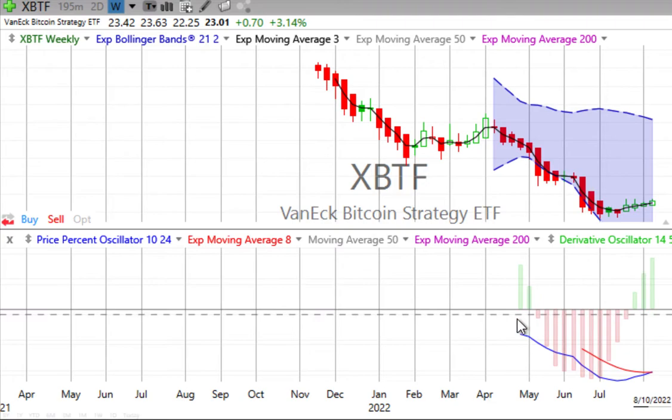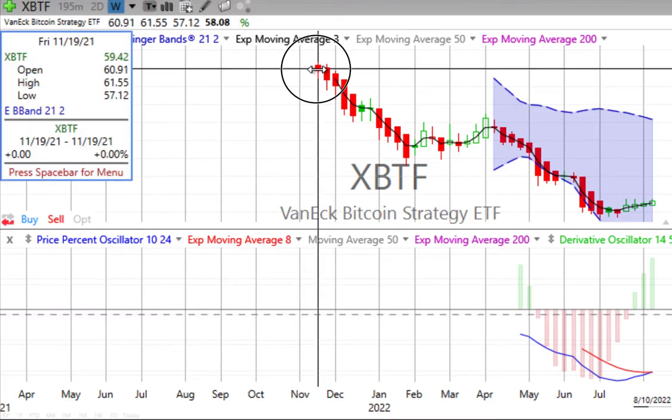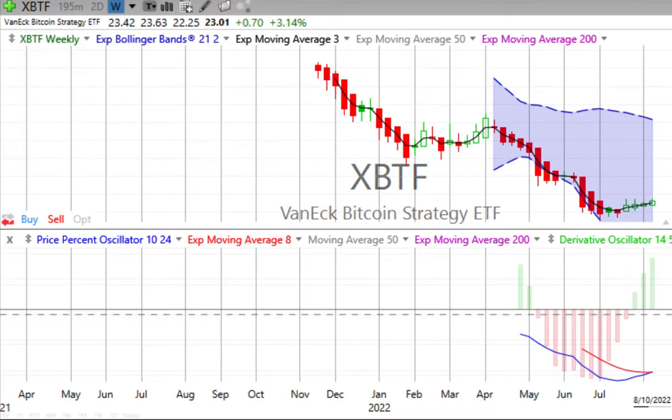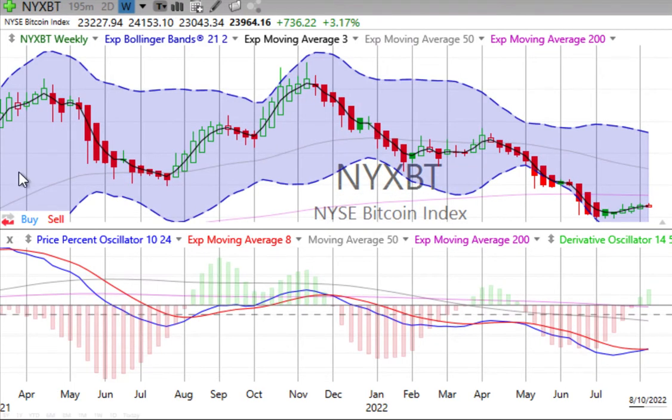And again, we just don't have that much history with it. So for us to go back and look at where things were in the past, it's hard to do because it only tracks back to November of last year. So we don't have a long way that we can go back in that. Now, when we look at the New York Stock Exchange Bitcoin Index, we can see where things had originally peaked out at about the $70,000 mark, where they moved down, slid sideways, dropped again, slid sideways.